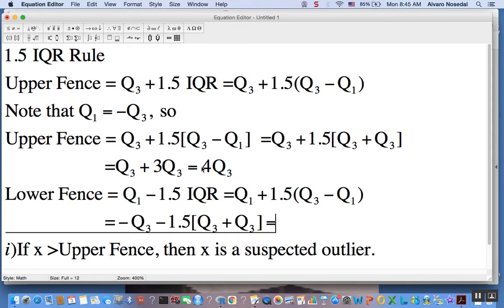So in the end, what we have here for the lower fence is just minus 4 times Q3. Make sense?